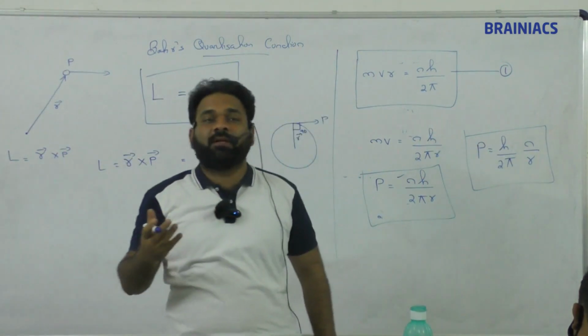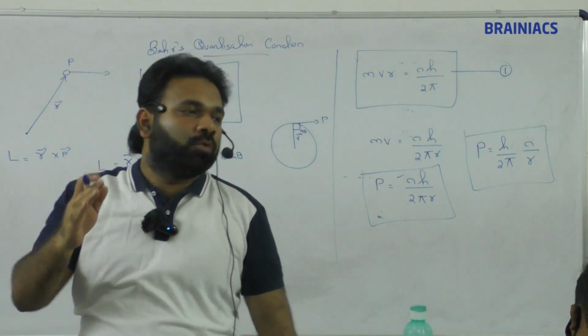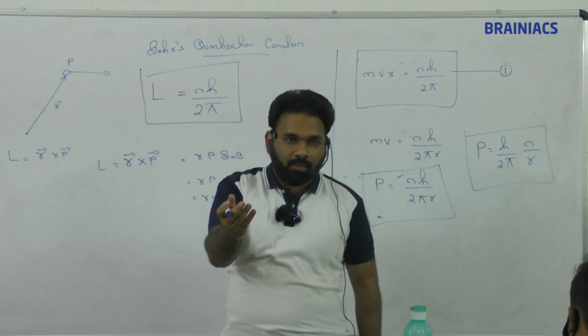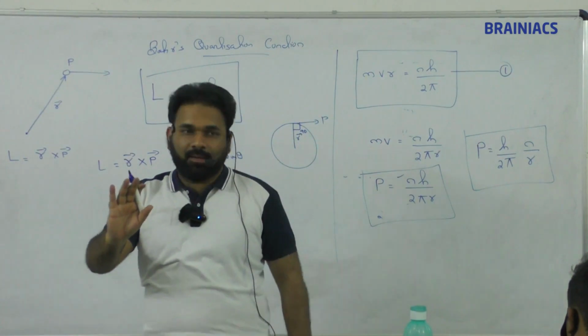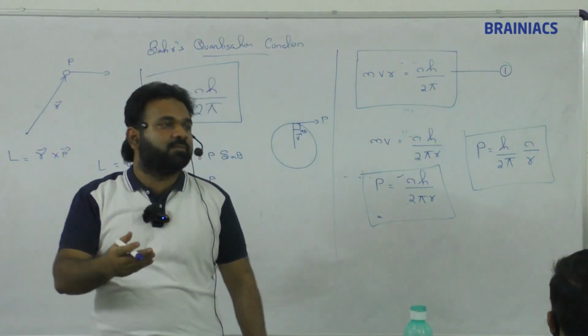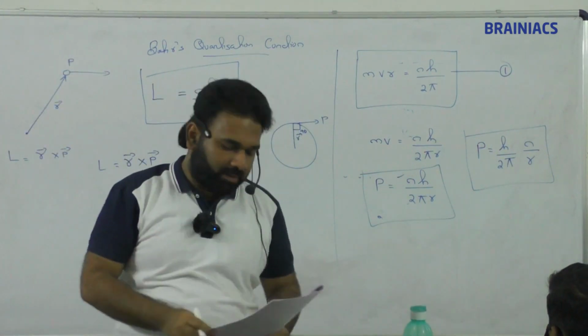Quantized means what? Quantization of charge, no? q is equal to ne, where n is 1, 2, 3, 4, 5. It cannot be a fraction of an electron; we cannot say that. Integral multiple means nothing but quantization, so n should be 1, 2, 3. Clear?